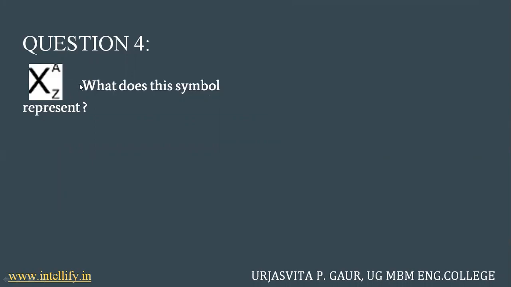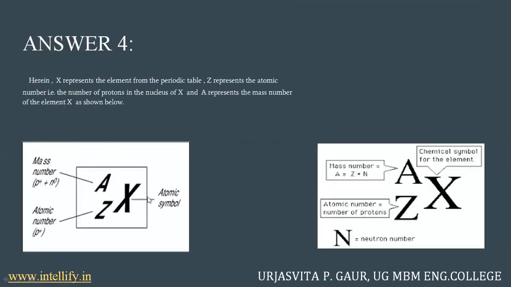You might have seen this symbol a couple of times in your books as well. So today we are going to unravel what this symbol is. In this symbol, X represents the chemical element that we are considering. It can be any element from the periodic table.